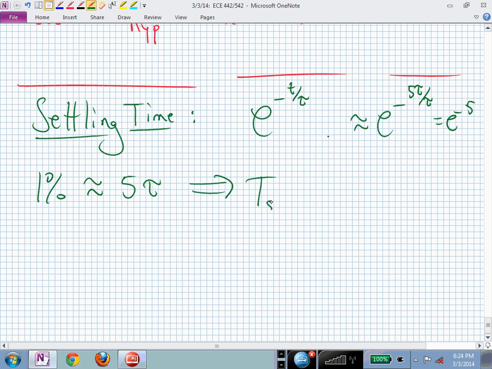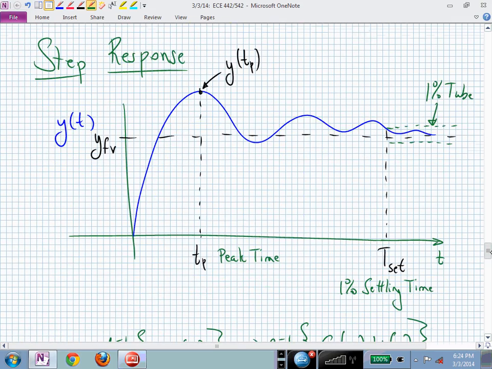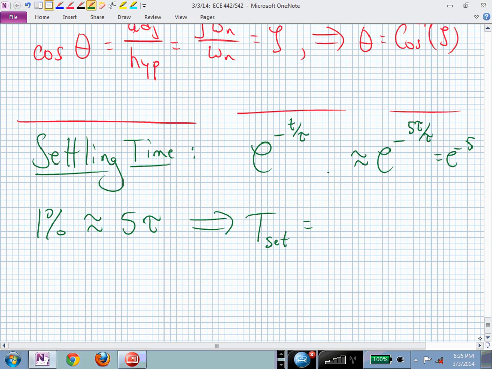That said, we can say that our settling time, t sub settle, is when this guy gets into that 1% tube and doesn't leave. That takes 5 time constants. But in terms of our damping amount, the damping in these exponentially damped sine and cosine expressions is just e to the minus sigma t, and this shows us the reciprocal relationship between our damping and our time constant.